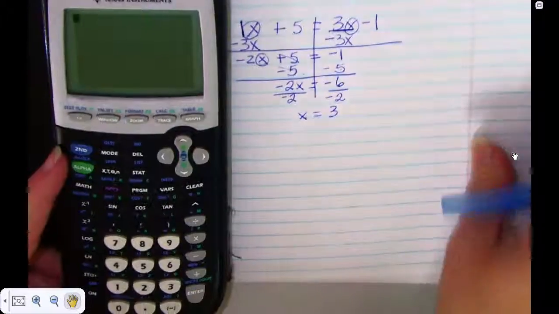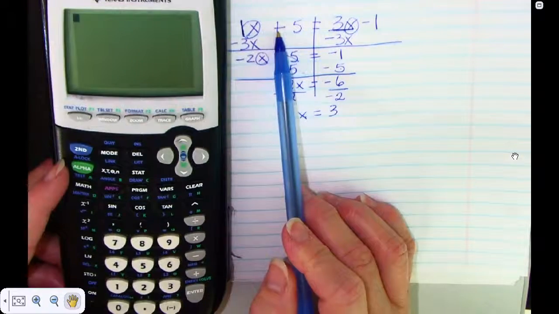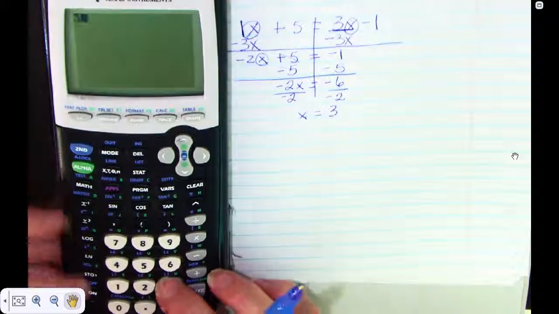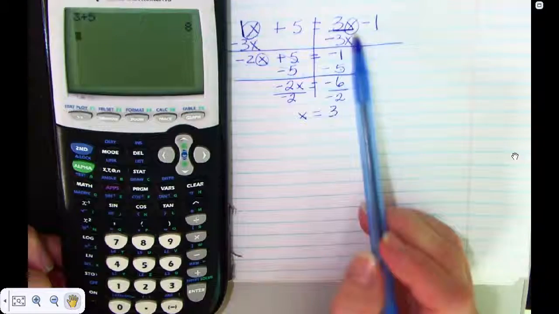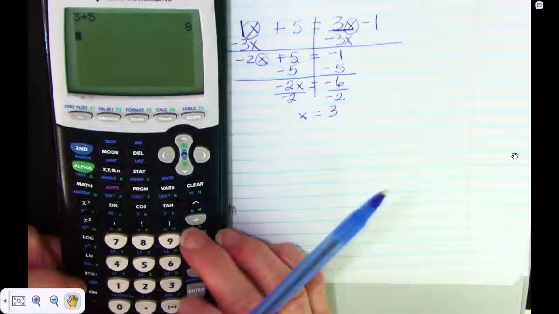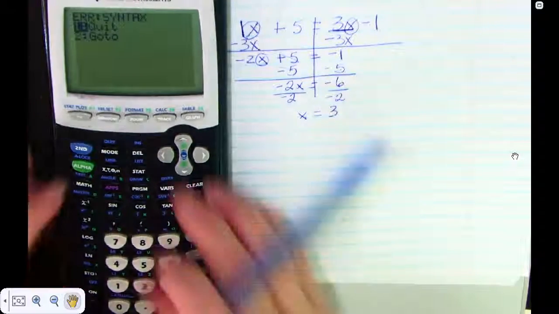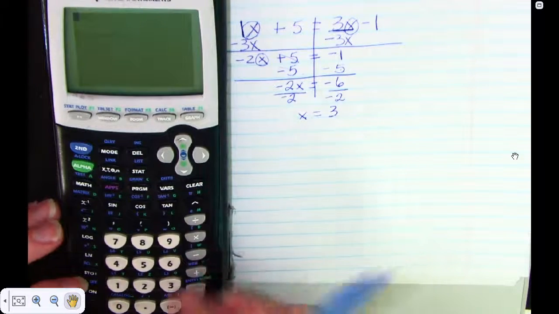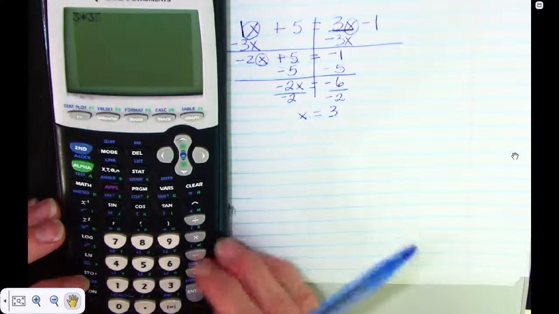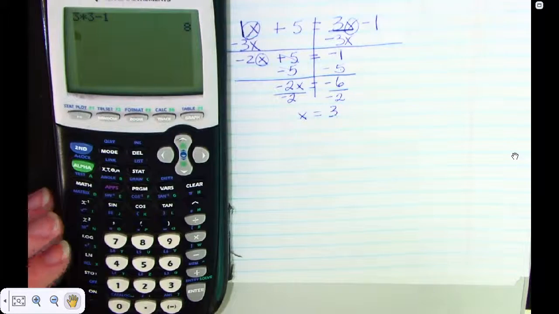So, to check it, we are going to put 3 in both sides to see if they equal. So 3 plus 5 is 8. We put it on the right side. 3 times 3 minus 1. 3 times 3 minus 1 is 8 also.